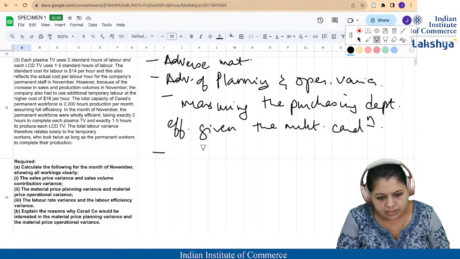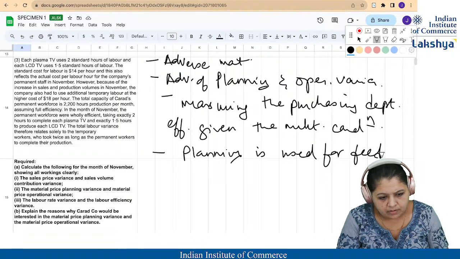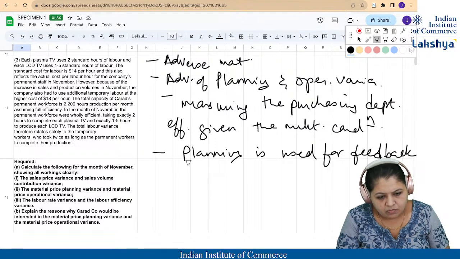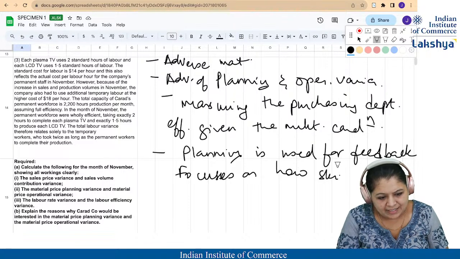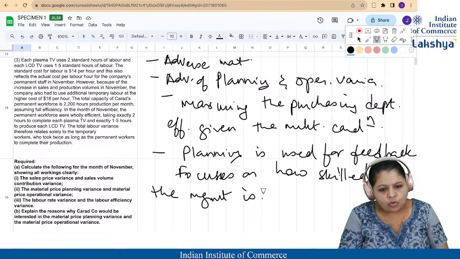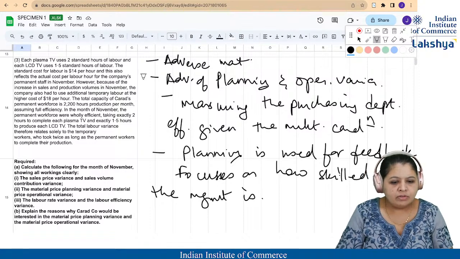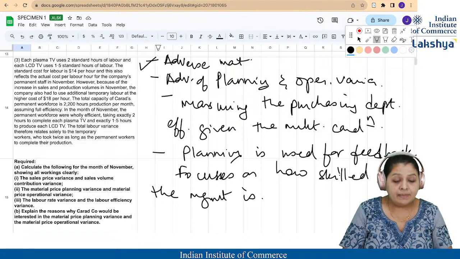Then we can also say that planning is used for feedback and focuses on how skilled the management is. So overall, we just talk about the adverse material and how it has impacted.